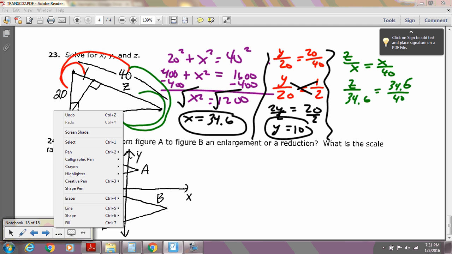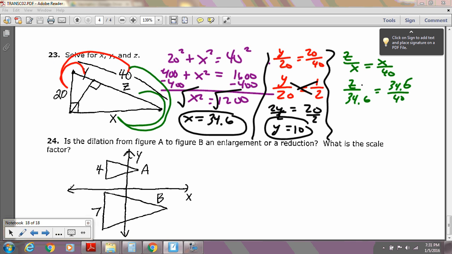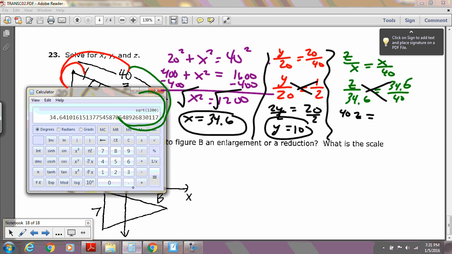And now we have to cross multiply, unfortunately, with large numbers and a decimal, but we can do it. So that is 40z is equal to 34.6 times itself, which is 1197.16.